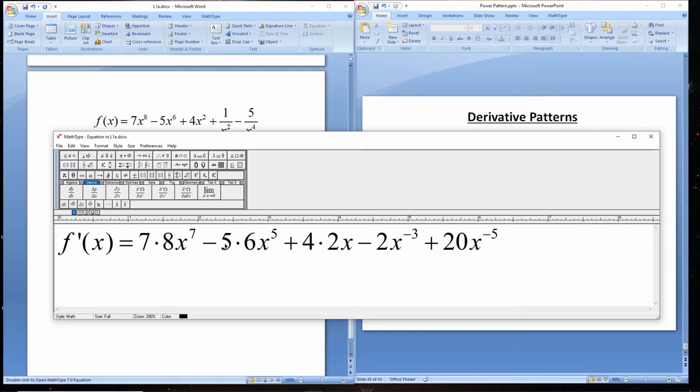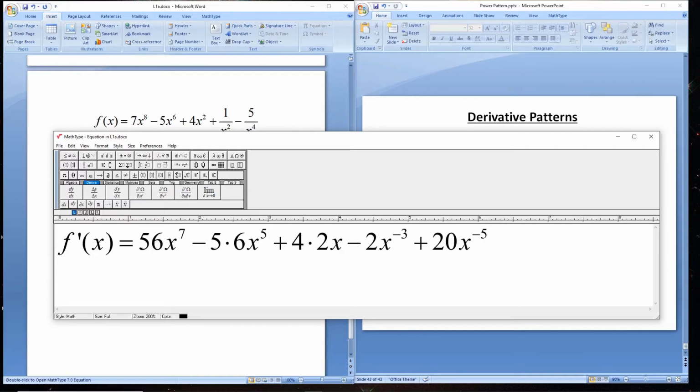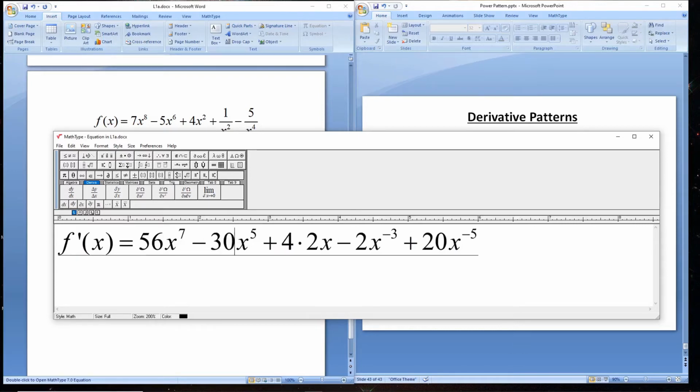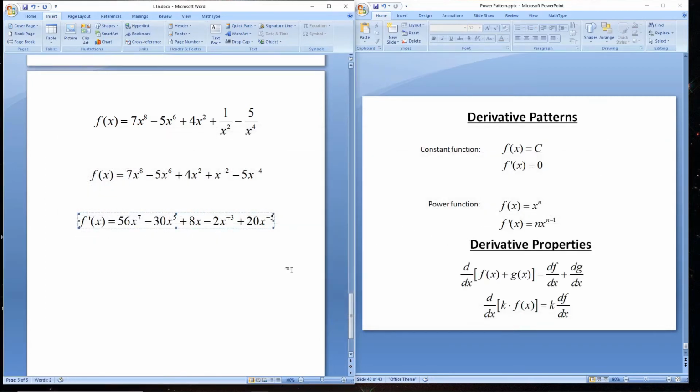And then as our final cleanup step here, 7 times 8, 56. 5 times 6, 30. 4 times 2, 8. And that's our answer.